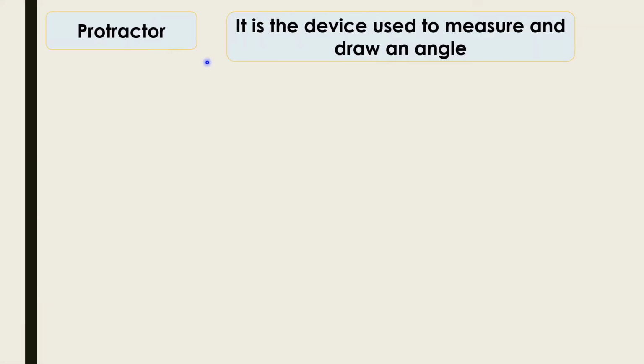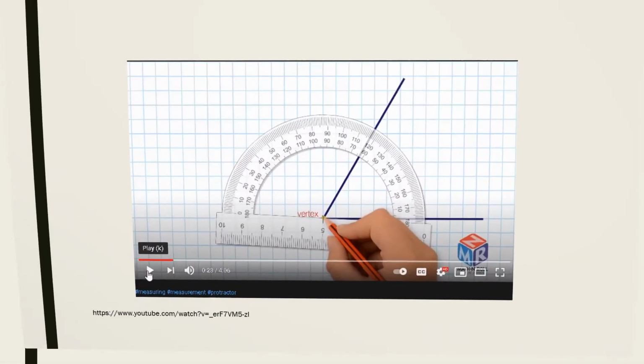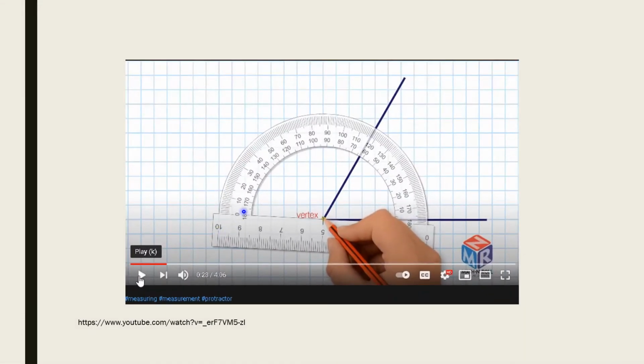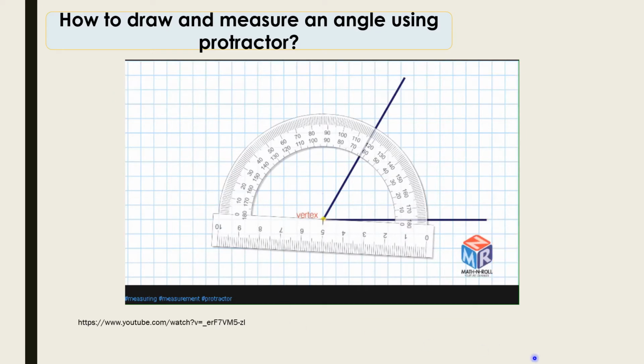A protractor is the device used to measure and draw an angle. So this is an example of a protractor. Let's watch this. How to measure an angle using a protractor. Make sure the bottom ray of the angle goes through the zero.